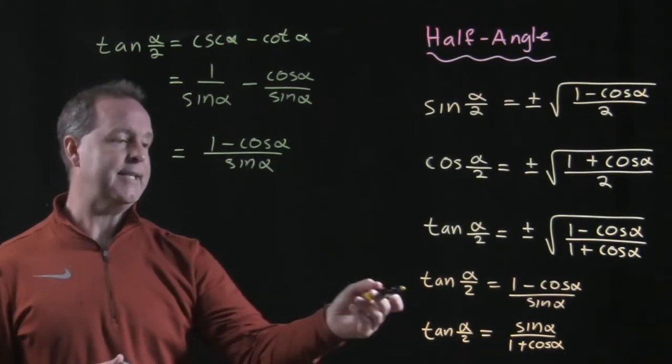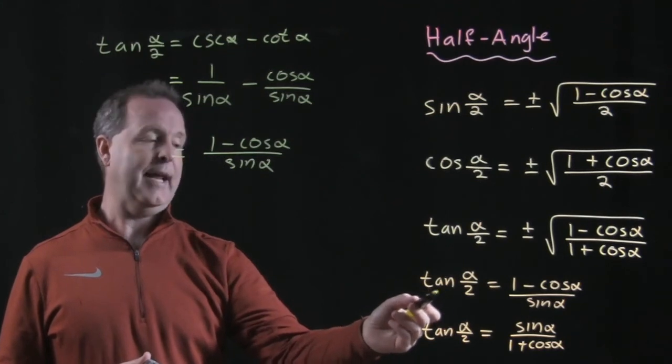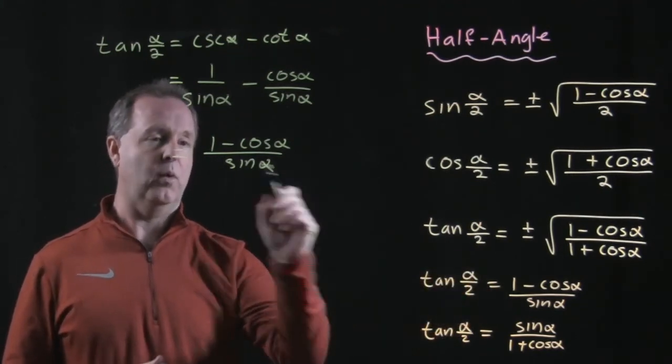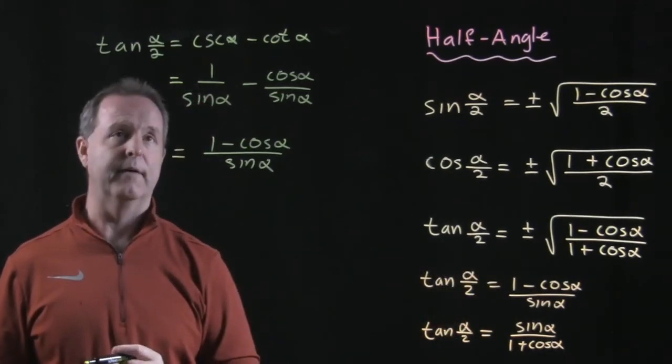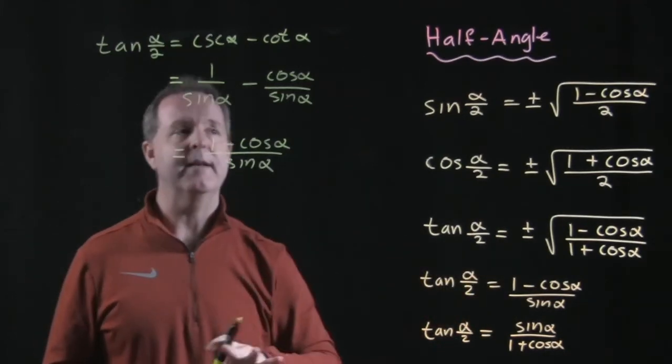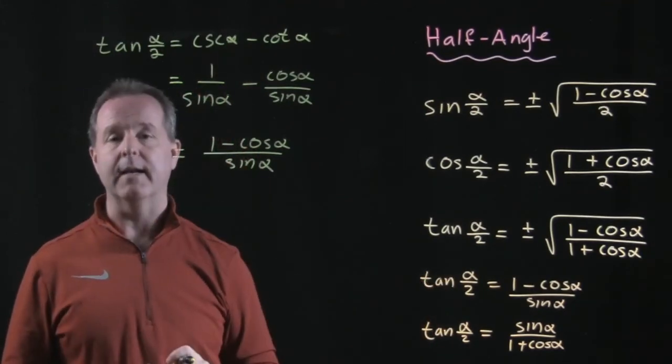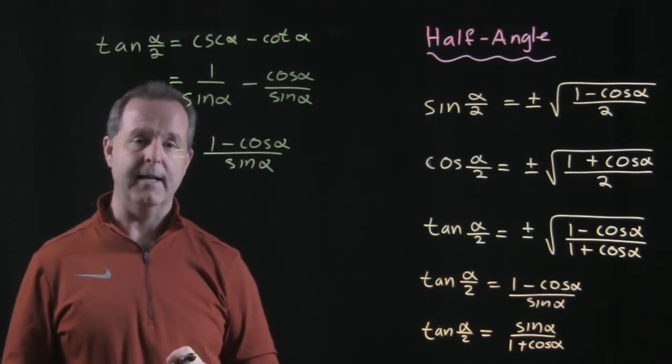If I look at my identity over here, tangent of alpha over 2, the half angle of tangent, equals 1 minus cosine alpha over sine alpha. So by way of an example with the two additional identities, we were able to verify this identity.